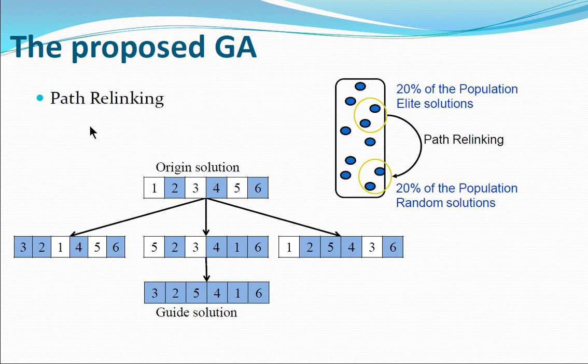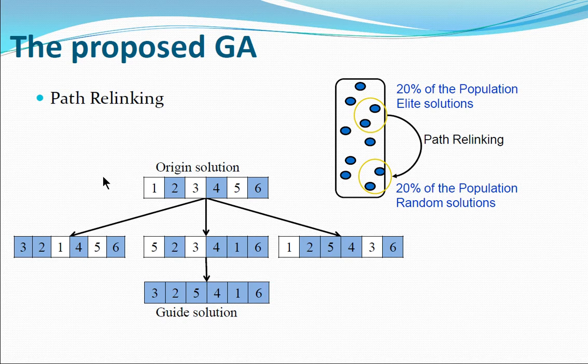The path relinking technique, the post-optimization technique, consists in exploring the path between an orange solution and a guide solution. So we explore this path, making swap movements with the job sequence in order to find solutions more similar to the guide solution and less similar to the orange solution.